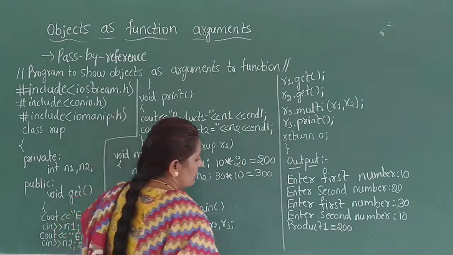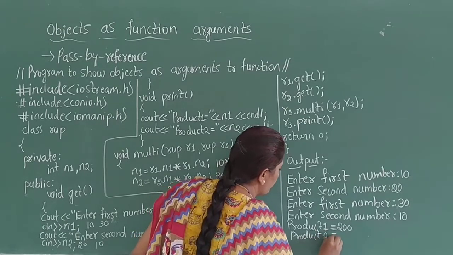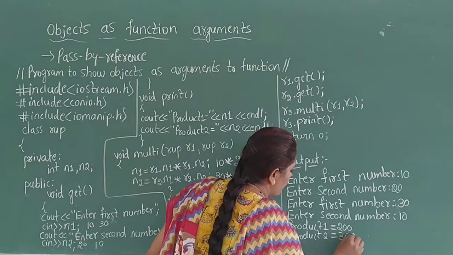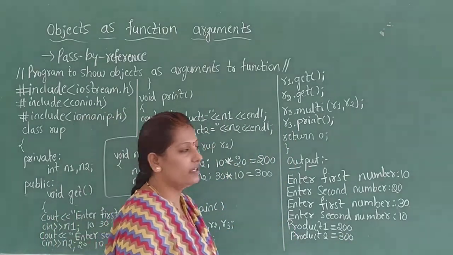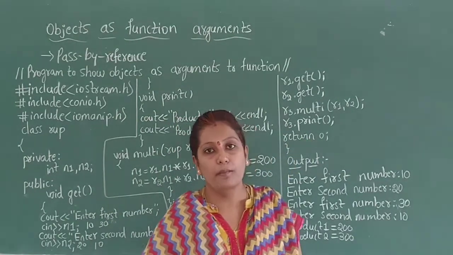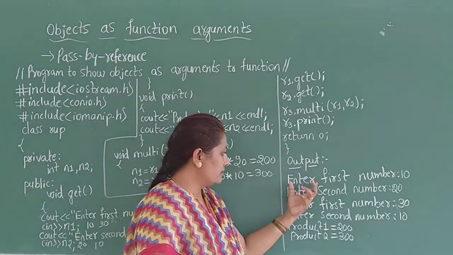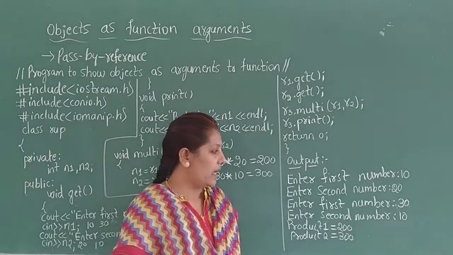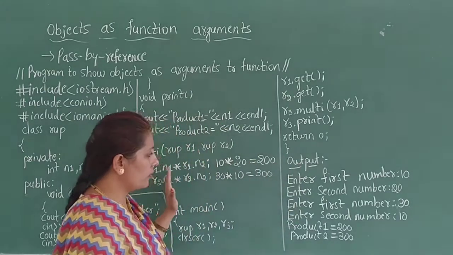The next, product2 is equal to N2, whose calculated value is 300. Then it ends the print function, goes to the main function and returns. This is how it executes the program step by step, and this is the final output of this program.